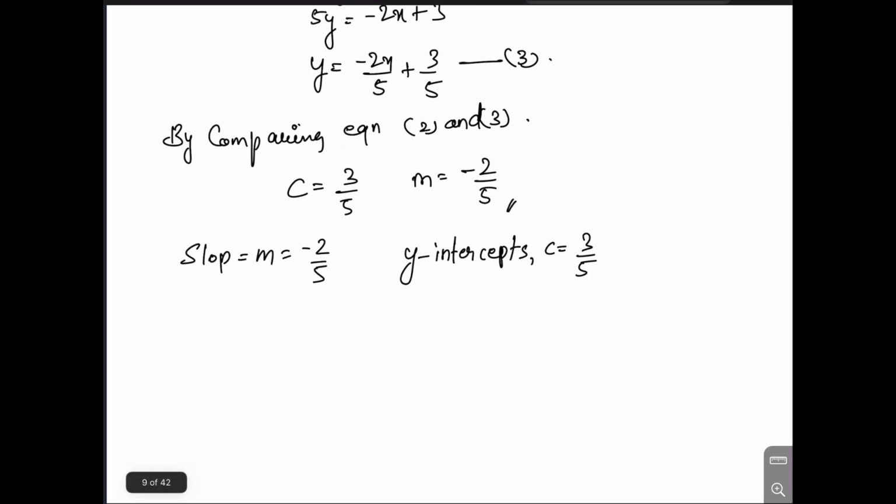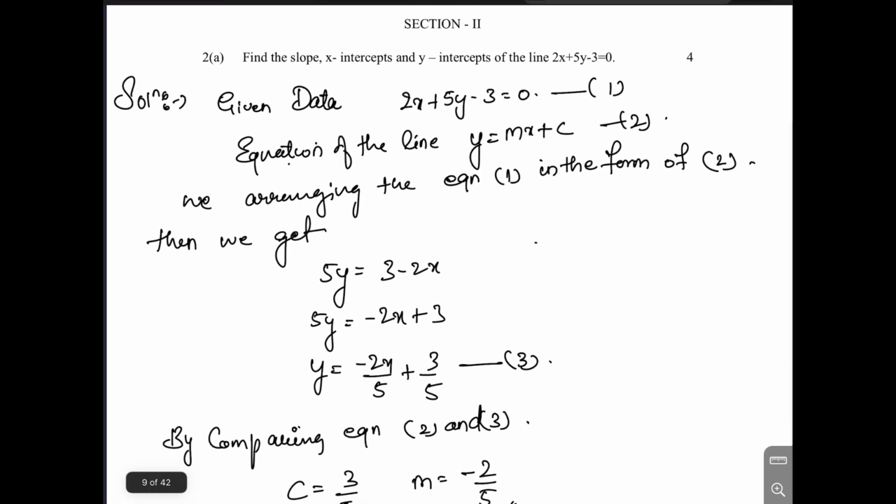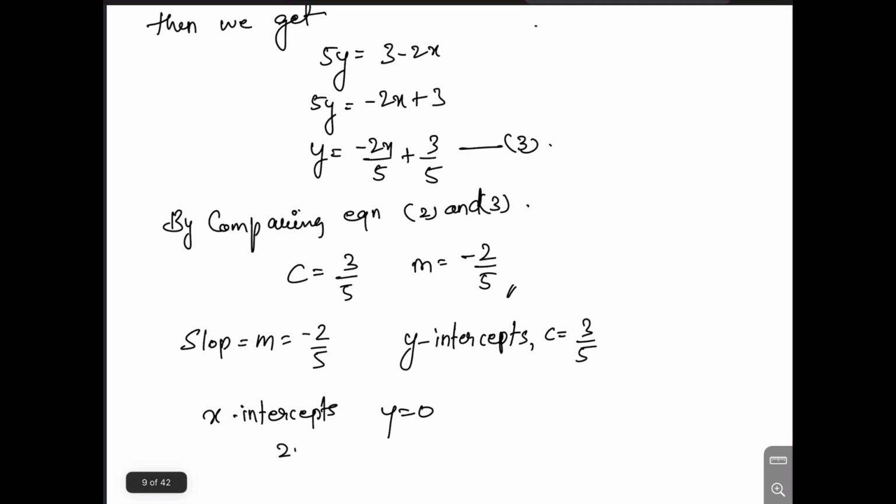So similarly we need to find out the x-intercept also. So in this we'll try to find out the x value here. Let y equals to 0. We know that 2x plus 5y minus 3 equals to 0.